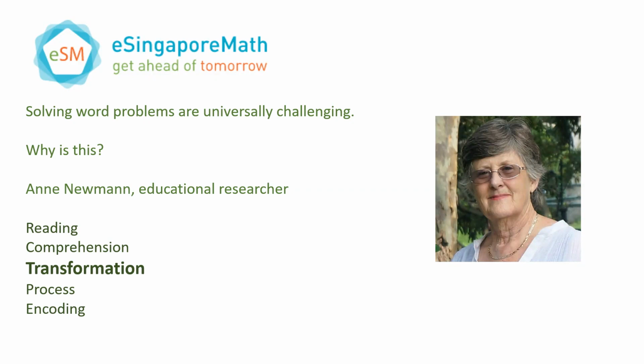For a lot of young students, we call this making the answer sentence. What she found was that the most difficult step in this word problem solving process was transformation, going from the problem into the mathematics, which is where students found the most difficulty.